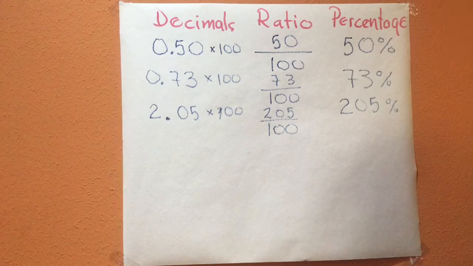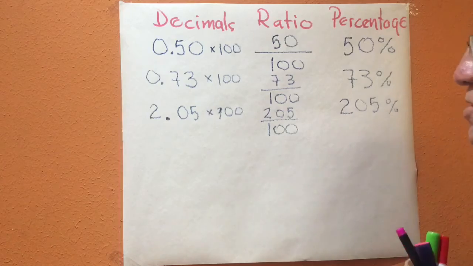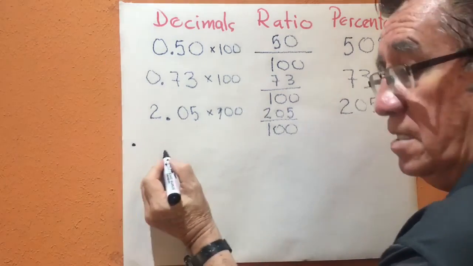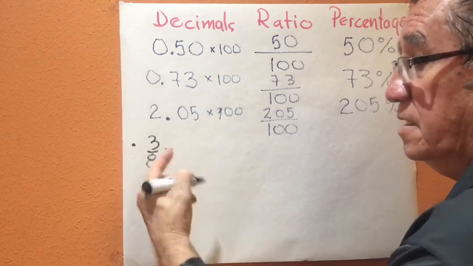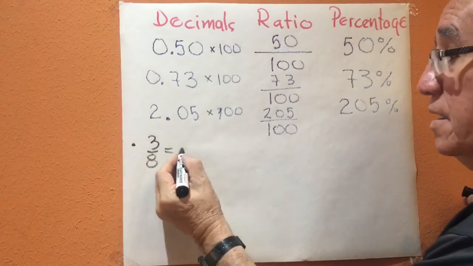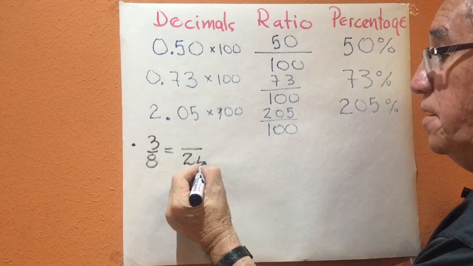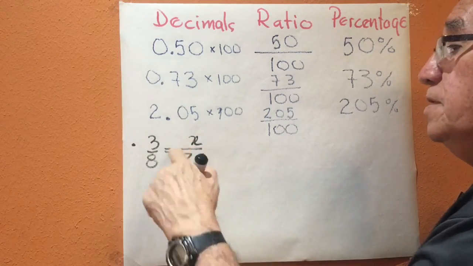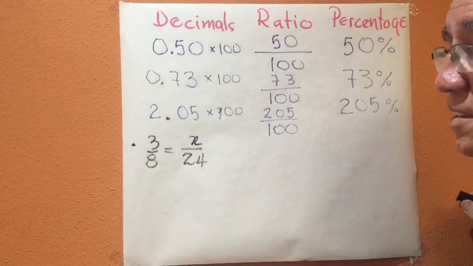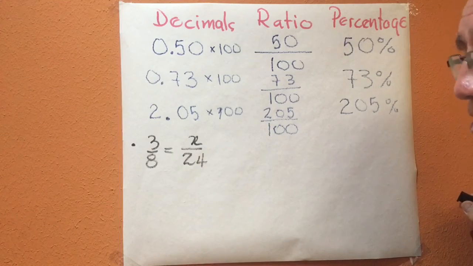Now let's use a few examples. Let's say that you have a ratio, like you have 3 of something, that's 3 to 8, which probably is related to 24, and you want to know how much is 3 from 8 related to 24 as a number.